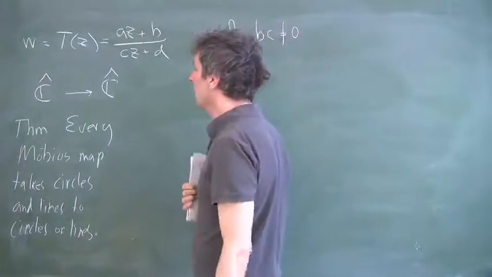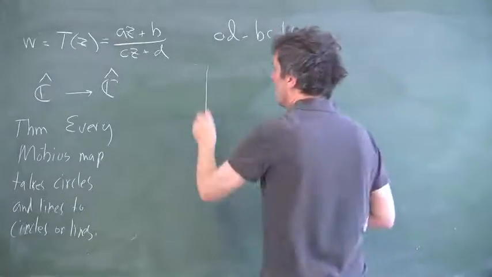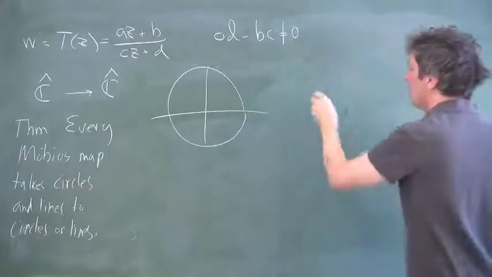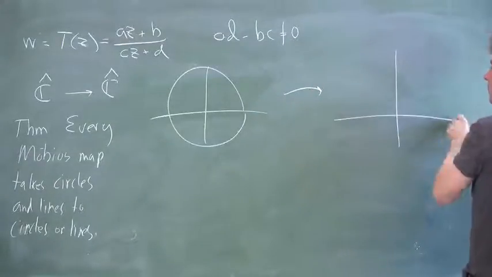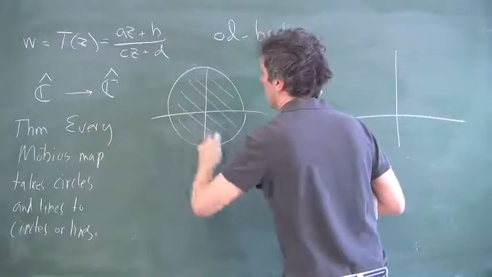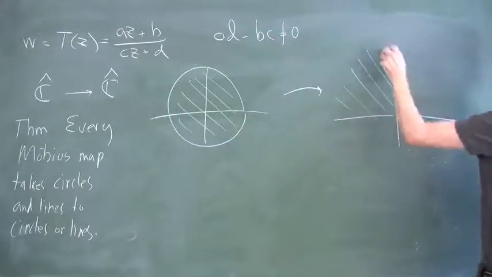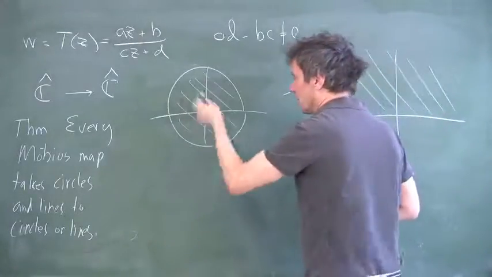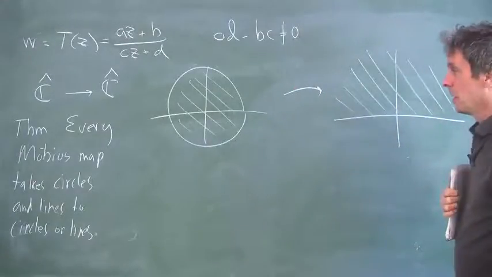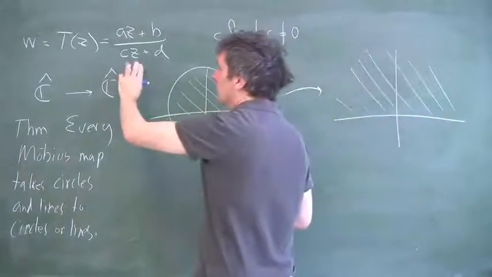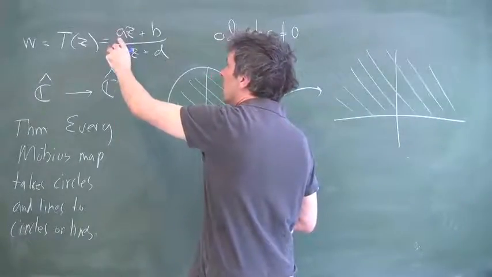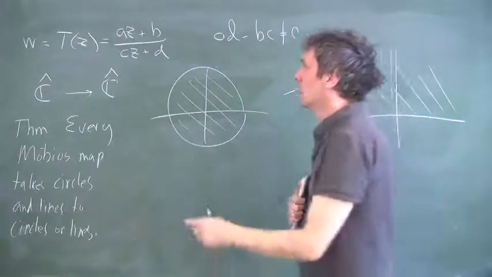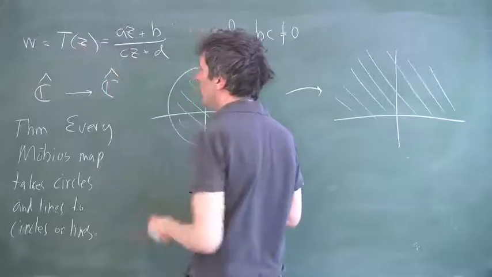For example, the simplest case is when you want to map, say, the unit disk onto the upper half plane. So how do we construct the Möbius map which will take this unit disk onto the upper half plane? Well, one of the nice things about Möbius transformations is that they are determined once you specify where 3 different points should go.